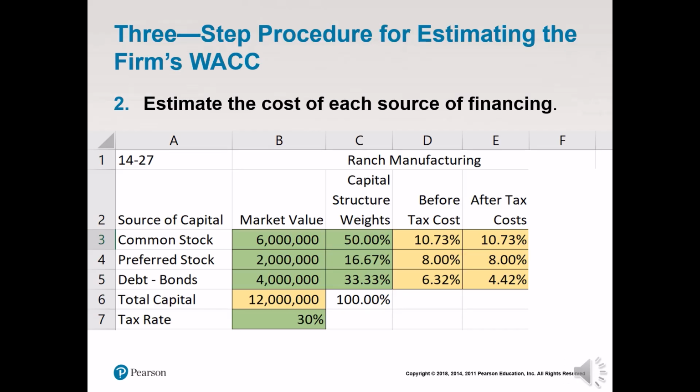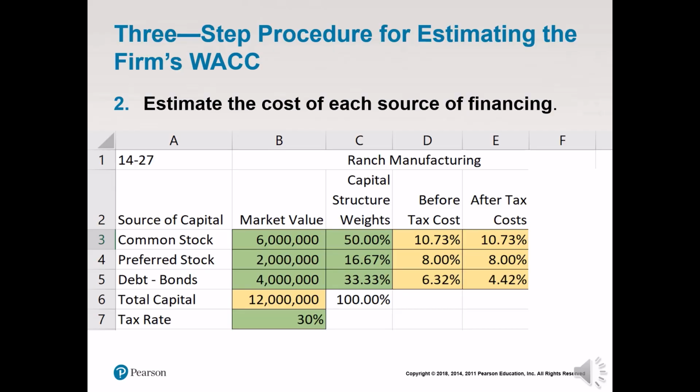We need to know our tax rate because one type of capital is adjusted for taxes. You'll notice that common stock and preferred stock have the before-tax cost exactly the same as the after-tax cost. But debt has a lower after-tax cost than its before-tax cost. The cost of bonds needs to be adjusted for our taxes because the coupon rate that we pay out on bonds is interest, and it is a tax deductible amount.